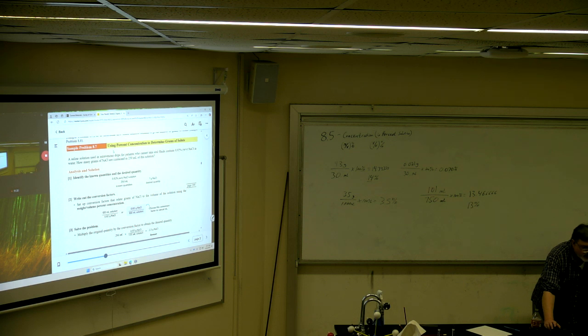Okay, a variation on this type of problem. A saline solution used in intravenous drips, sample problem 8.7. So 0.92%, how many grams are contained in 250 milliliters?